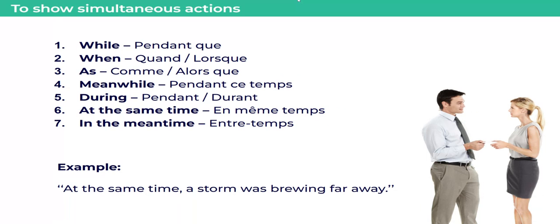Now there are words or sequence markers we can use to show simultaneous actions, things happening at the same time. So number 1, while. Number 2, when. Number 3, as. Number 4, meanwhile.